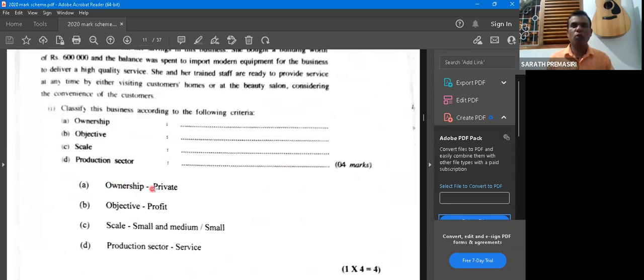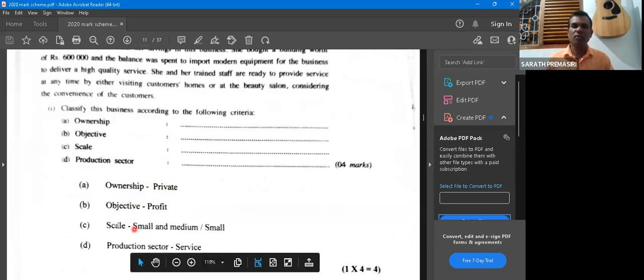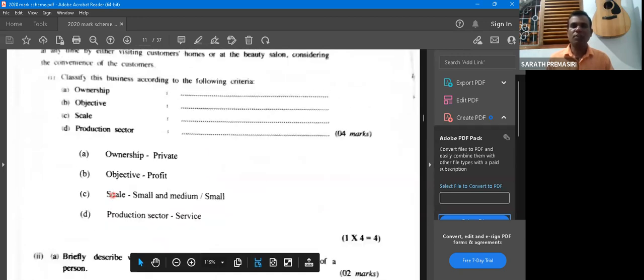Yes, based on ownership, private. You get a single mark if it is correct. Based on ownership, private. Based on objective, profit objective. Based on scale, small and medium scale business. Based on production sector, service sector business.